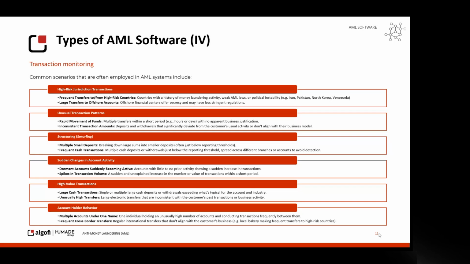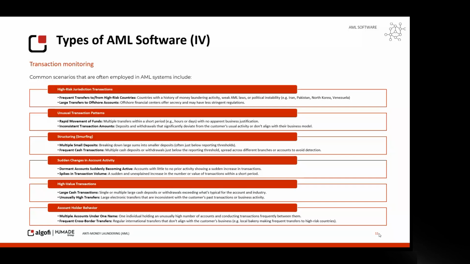Unusual transaction patterns. Here we have a couple of examples. Rapid movement of funds, multiple transfers within a short period with no apparent business justification. Inconsistent transaction amounts, deposits and withdrawals that significantly deviate from the customer's usual activity or don't align with their business model.